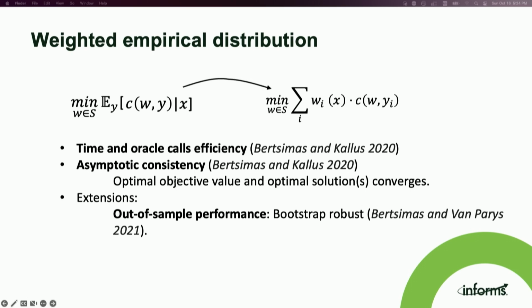In other words, the authors show that the optimal objective value and optimal solutions converge to the true ones. And in a more recent follow-up work, the out-of-sample performance guarantee is provided via a bootstrap robust approach.